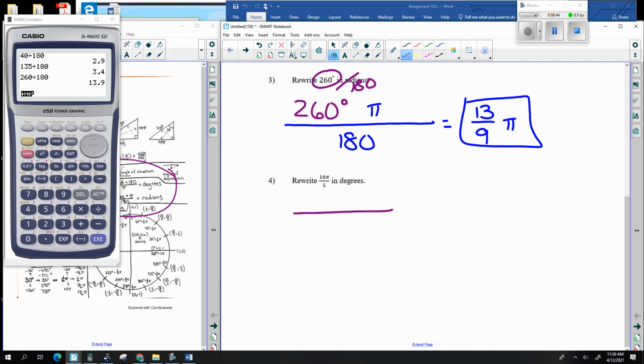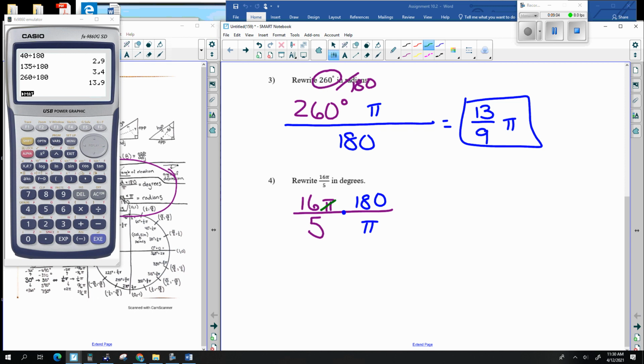So currently we have 16 pi over 5. That's right now what we have. So I need to multiply by 180, technically 180 over pi.